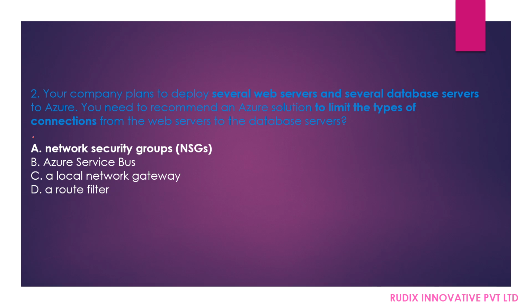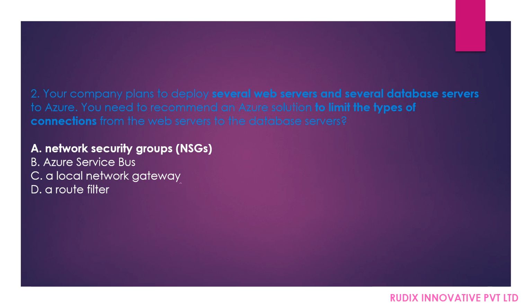Which solution limits the types of connections from the web servers to the database servers? The given options are network security groups, Azure Service Bus, local network gateway, route filter.